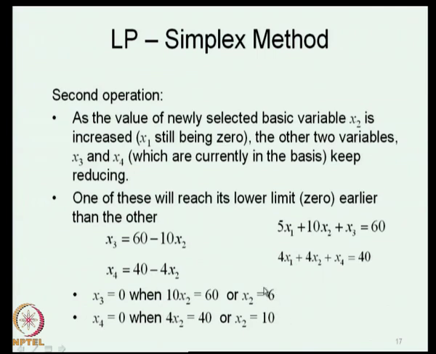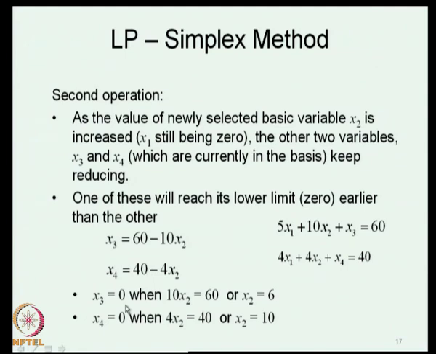So, x 3 becomes 0 the moment x 2 reaches 6, and therefore no further increase in x 2 will be possible, because x 3 has already reached 0. Any further increase in x 2 beyond 6 will make x 3 negative, and therefore it becomes infeasible. So, the maximum value in this particular iteration that you can increase x 2 to is 6, and that is decided by x 3 becoming 0.